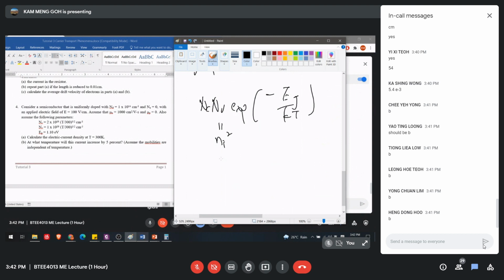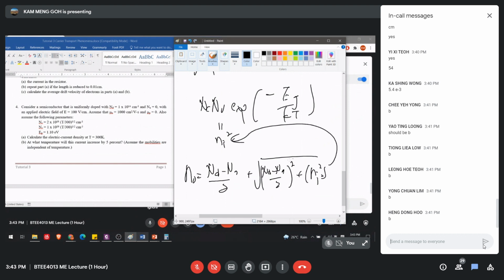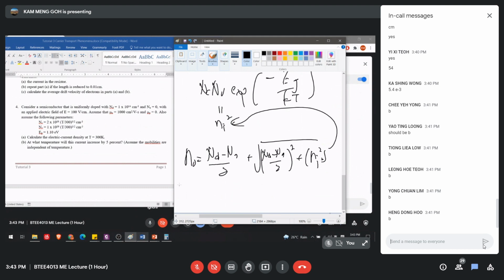We know that ND is more than NA, no doubt. N0 will be equal to (ND minus NA) divided by 2 plus the square root of ((ND minus NA) divided by 2) square plus NI square, where your NI square is obtained from here. Then same thing, NI square divided by N0, you get P0. This is how we do it.